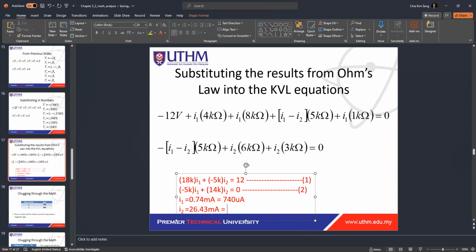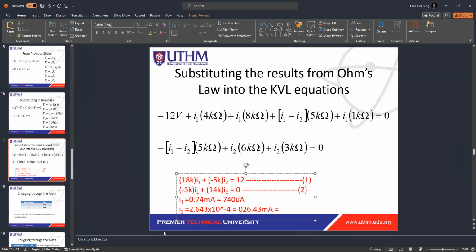Wait a minute, this one is a typo. Okay, so if I change it to the milli, let me type in the calculator, I get 2.643 times 10 to the power -4. Okay, so -4, we make it -3. So meaning, yeah, it should be smaller.